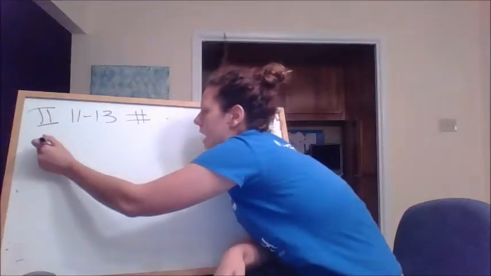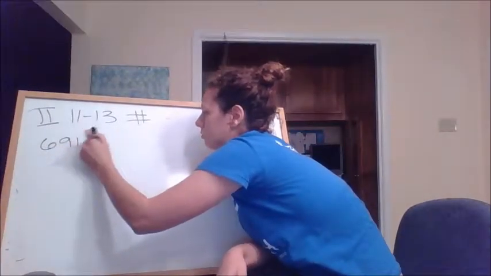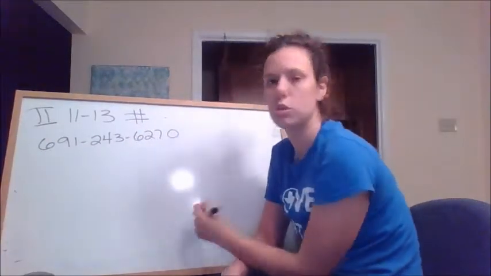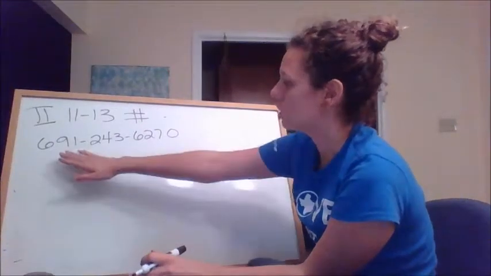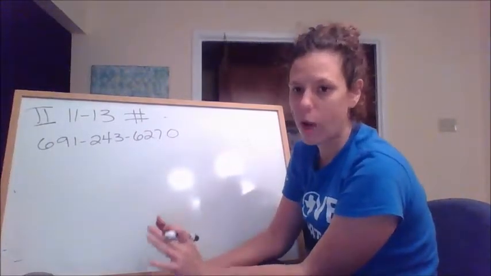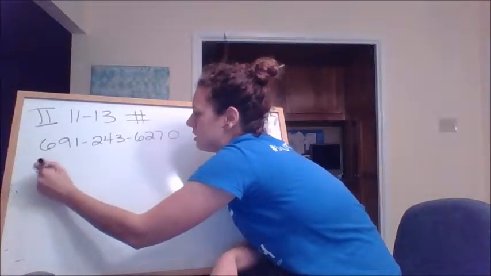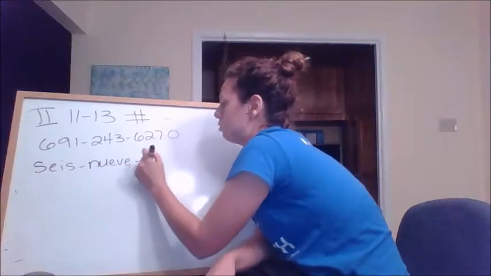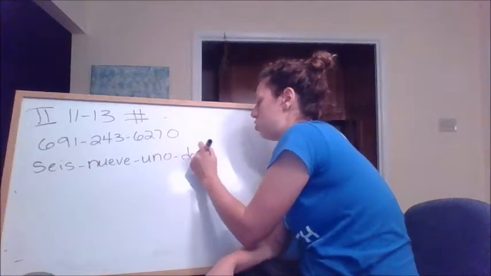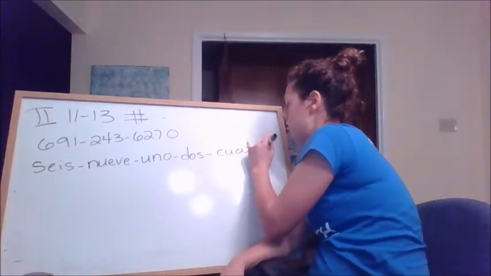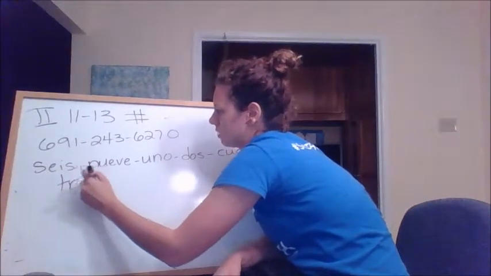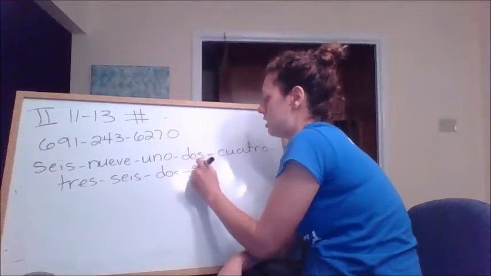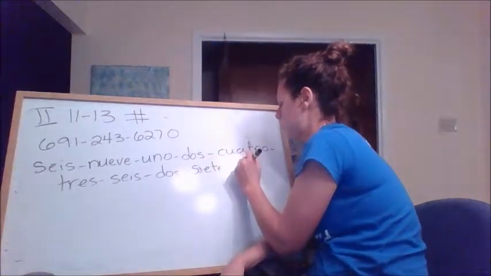So you're going to have something like, okay, so it's going to be in phone number form, but it's just going to look like this, and all you're going to do is write out the numbers. So 6 is 6, 9 is 9, 1, 2, 4, 3, 6, 2, 7, 0.